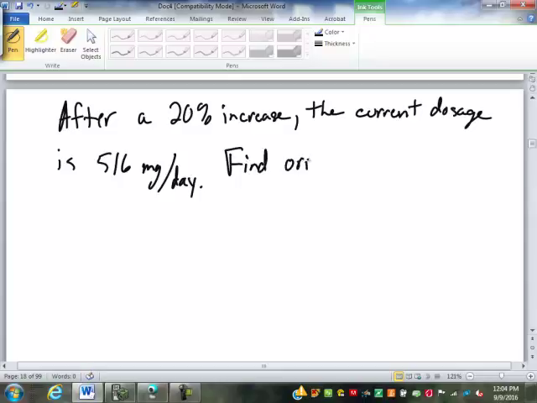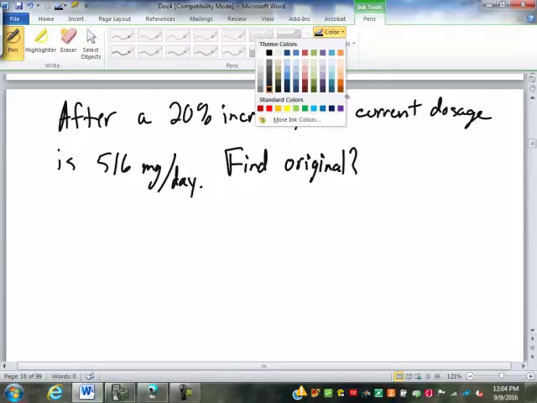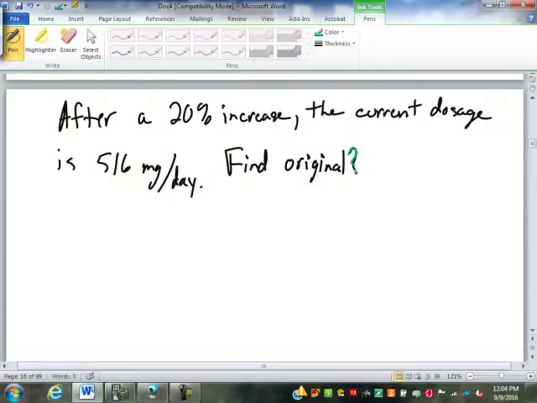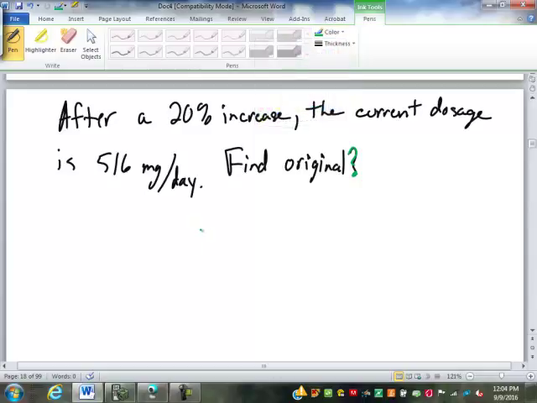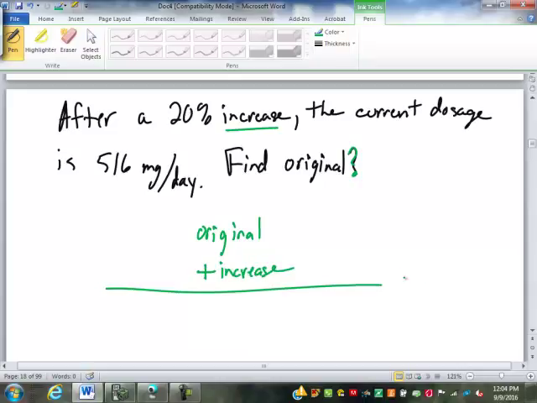Find the original. So once again, we have an original dosage, but this time it hasn't been decreased, it's been increased. So we're adding an increase to it. And we're getting a current dosage.